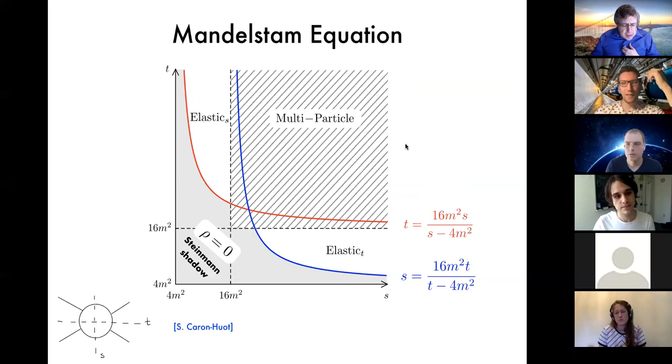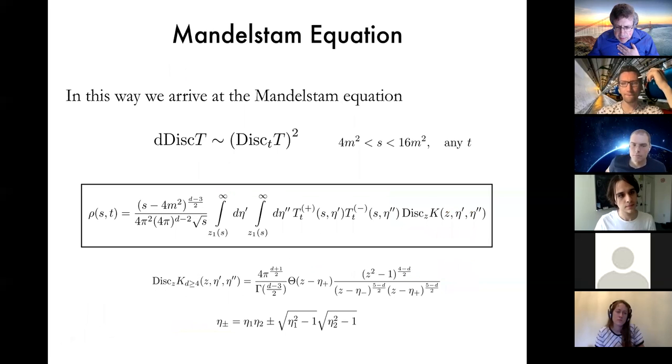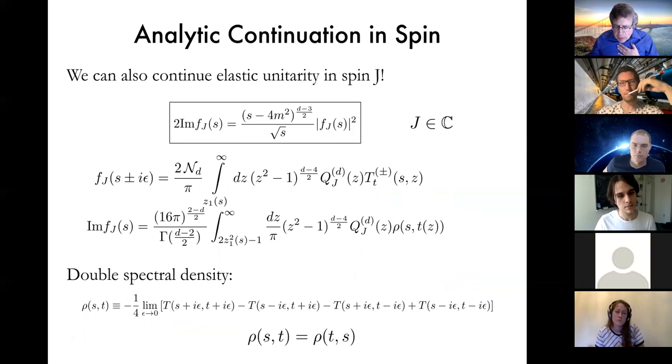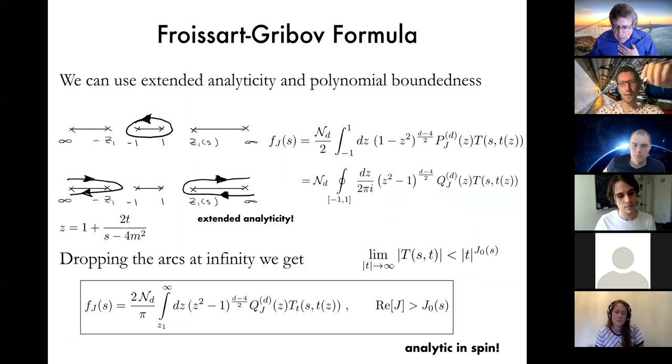Maybe I'll ask first about this analytic continuation in terms of J. Maybe I missed it, but can you go back in terms of the original partial waves? How should I think about that? Yeah, so the original partial wave, if you define it in terms of the integral with Legendre, there's no way to think about this in this way.